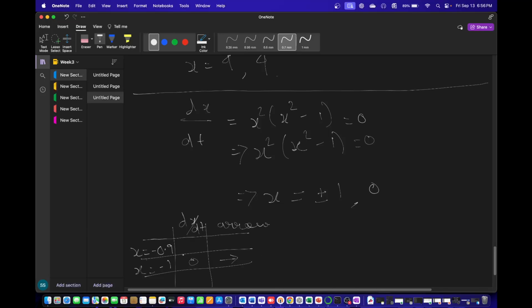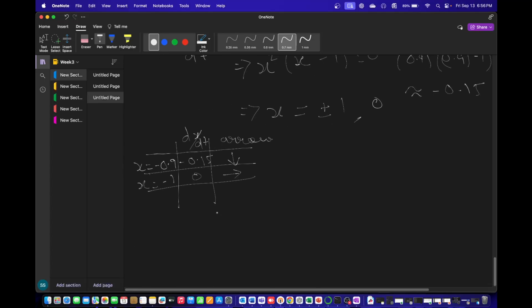If you put x equal to minus 0.9 in this equation, dx dt will be 0.9 whole square into 0.9 square minus 1. This approximately comes up to minus 0.15, and since it's negative, it'll converge towards the steady state.